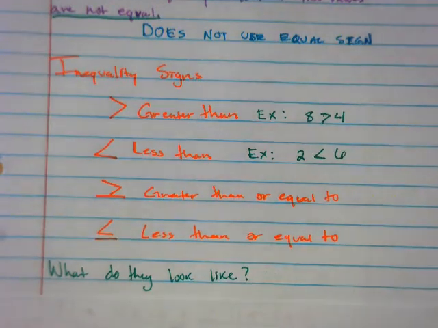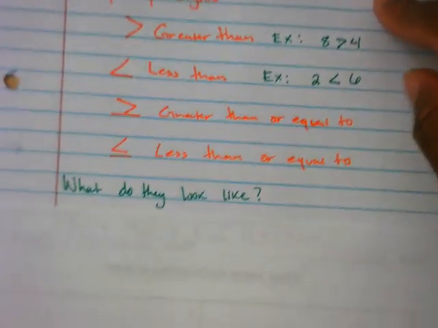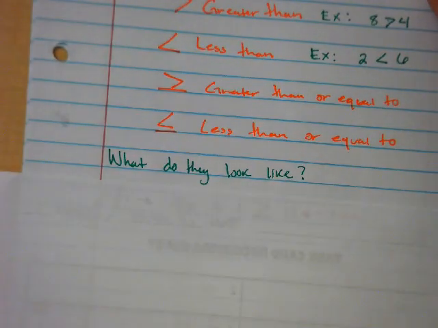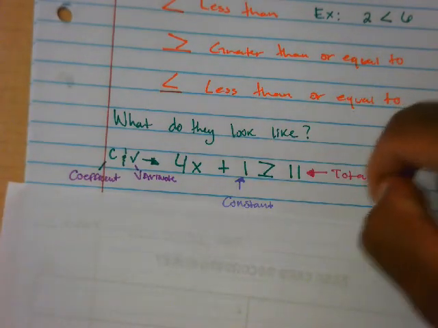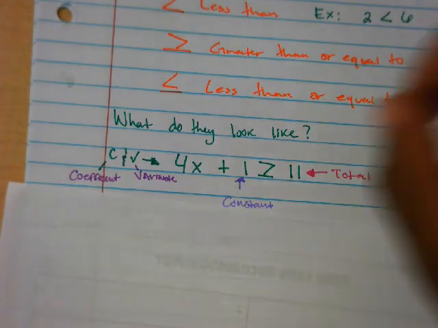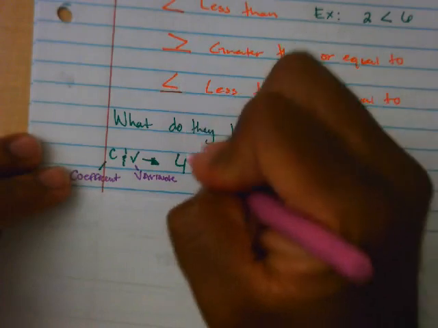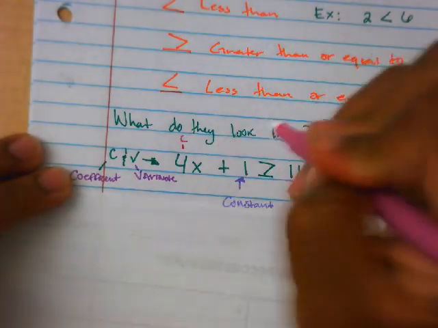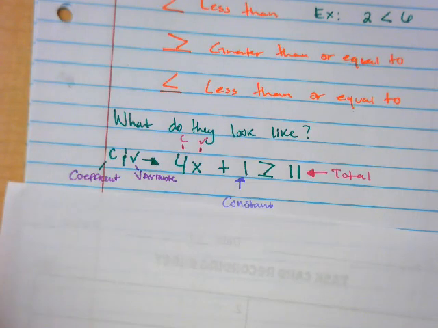So the next part is, what does an inequality look like? First of all, we have 4x plus 1 is greater than or equal to 11. If you notice, it has a coefficient, it has a variable, just like an equation.